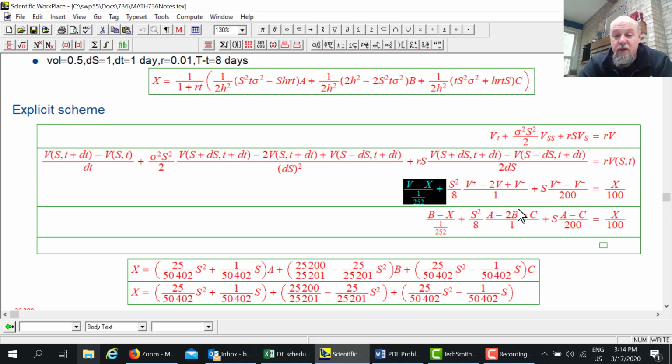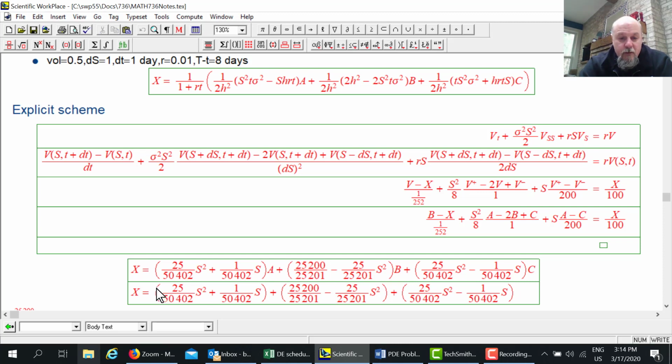So I've subbed in all the constants in this equation, and I can solve this equation. From here to here is just switching to the A's, B's, and C's. And here I've got the bracket with A, bracket with B, bracket with C. So this is the almost 1, so that's got some time value of money thing in it.